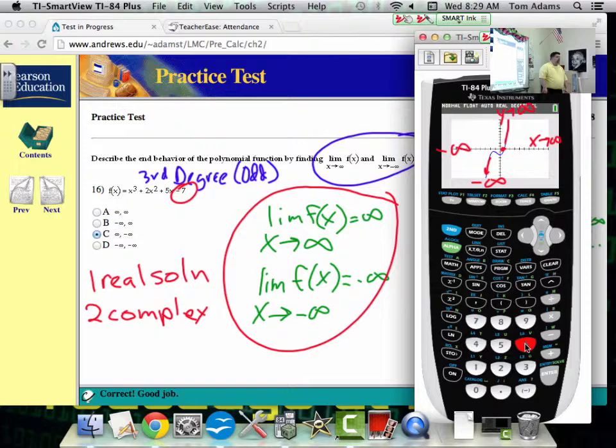Because why do they travel in pairs? I'll get you started. Conjugates. Complex numbers always travel in conjugates. Okay.